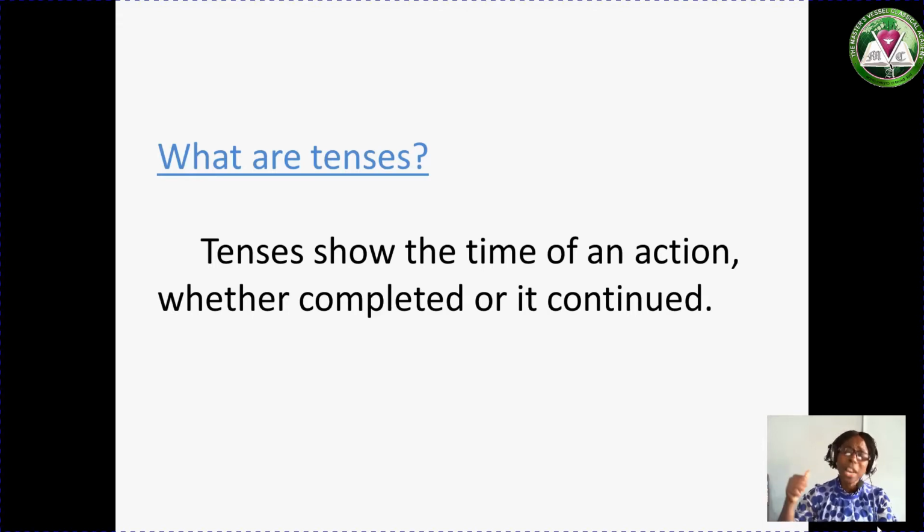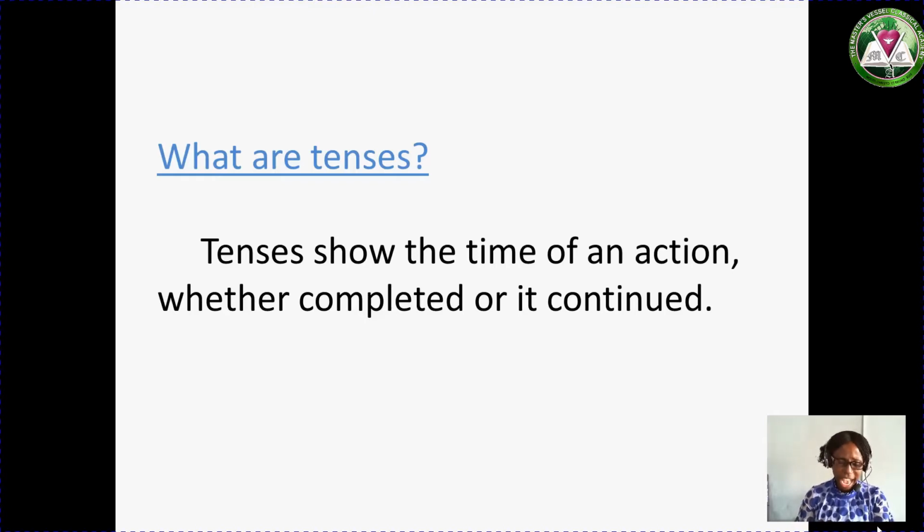In our previous lessons, we learned that a verb is a doing or an action word. A verb tells us what we do every day. Examples of verbs are go, sit, eat, sleep, come, and drink, and so on.